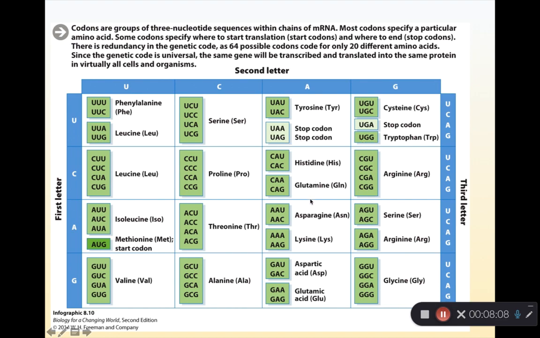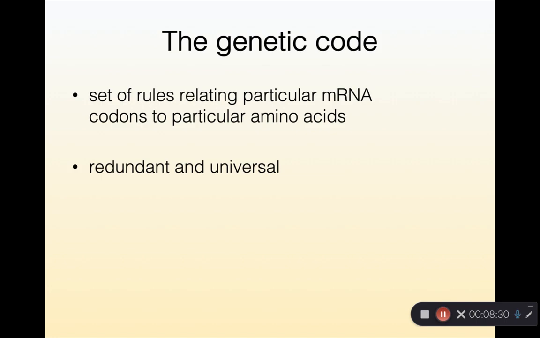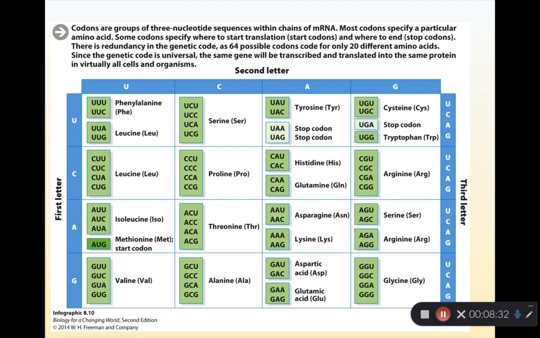So the main thing to take away from this, I think a lot of professors like to go through and have you start with a DNA sequence and build up a protein. And I'm less interested in you guys being able to do that, but rather just to understand that within the genetic code, there are redundancies and there are things that are universal.